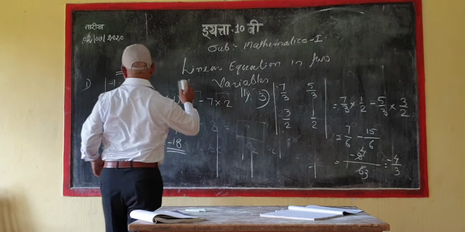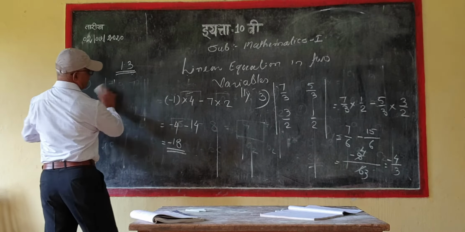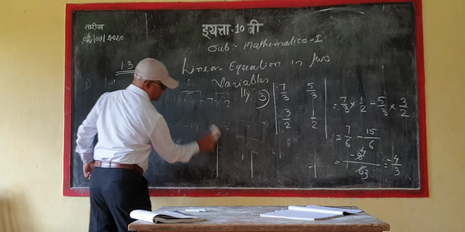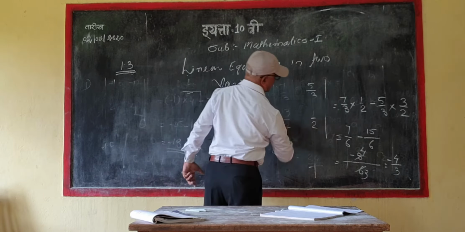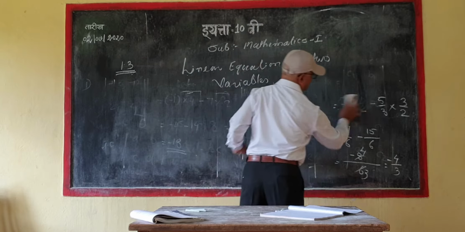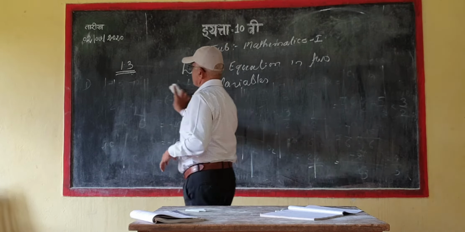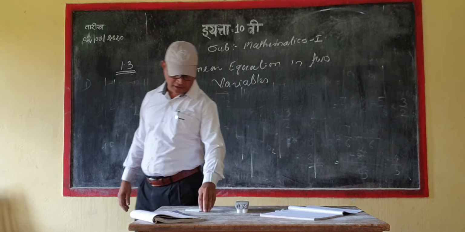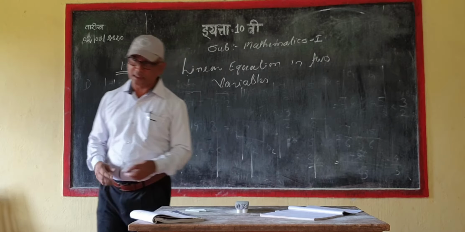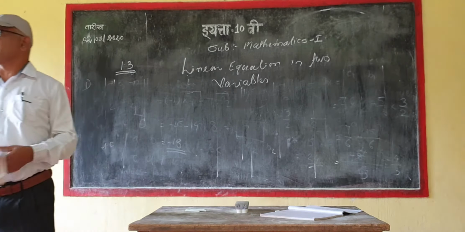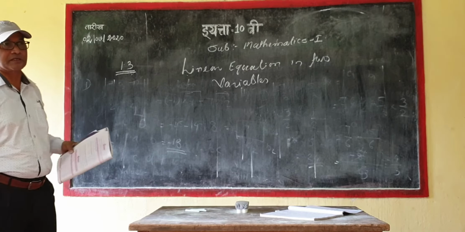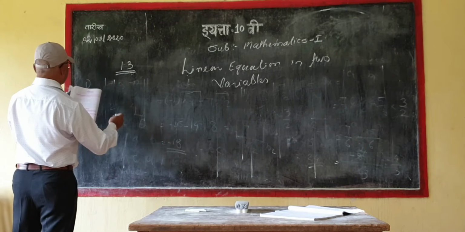Then the third one: solve the simultaneous equations by Cramer's rule. इथे आपल्याला क्रॅमर्स रूल अप्लाय करायचा आहे. इक्वेशन सॉल्व करताना क्रॅमर्स रूल्स अप्लाय करून x and y ची व्हॅल्यू फाइंड आउट करायची आहे. Solution.